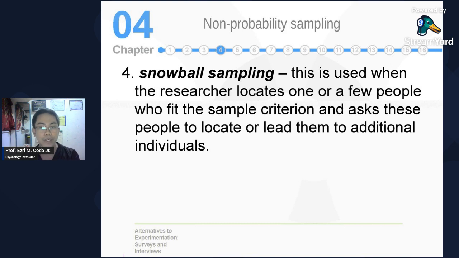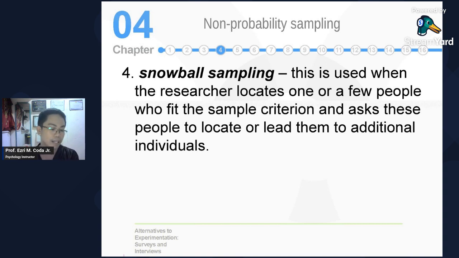And lastly, snowball sampling. Snowball sampling is used when the researcher locates one or a few people who fit the sample criterion and asks these people to locate or lead them to additional individuals. Kaya siya tinawag na snowball kasi if you already have selected a few people who fit your criterion, you will ask them.